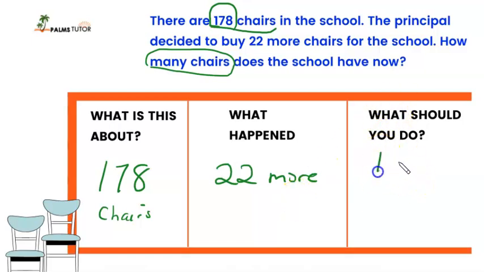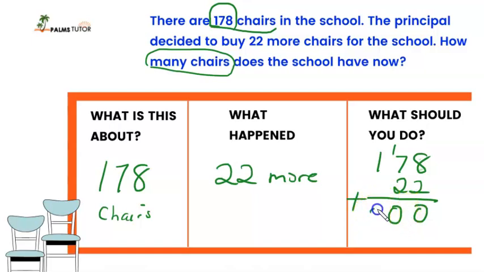So we have 172 plus, 178 rather. I'm not going to be moving very fast, right? Plus 22. Then you put this together. 0, carry 1, 8. That's another 0 because that's 10. And then we have 200 chairs.